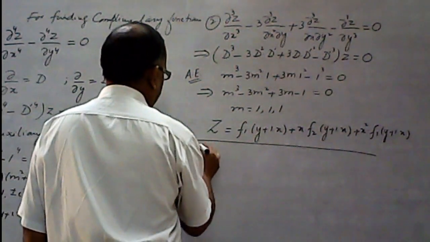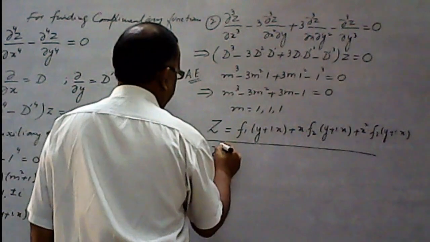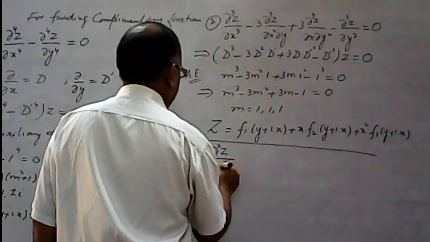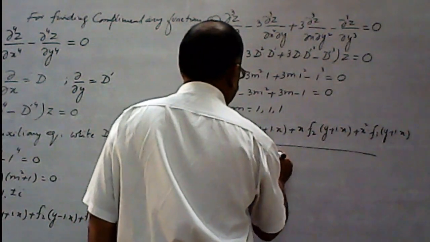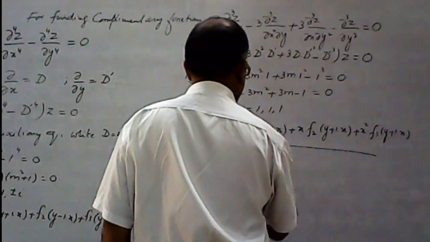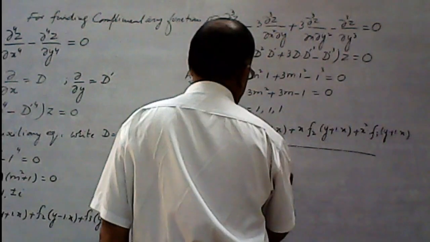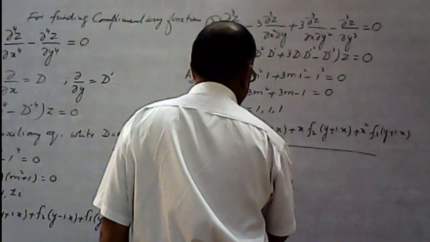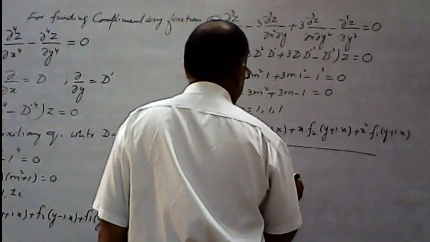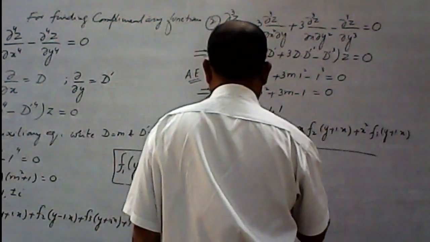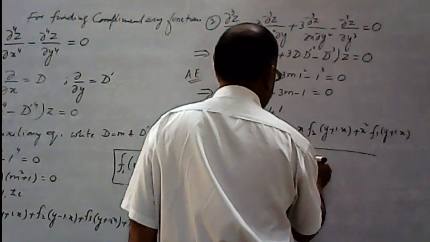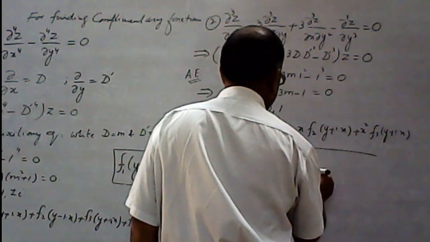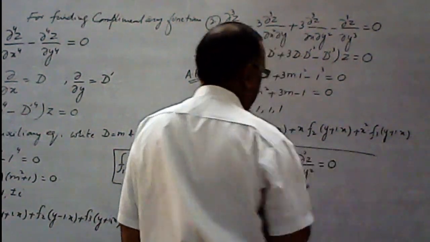Let's say we have the example: partial 2z over partial x square plus 5 times partial 2z over partial x partial y plus 4 times partial 2z over partial y square equal to 0.